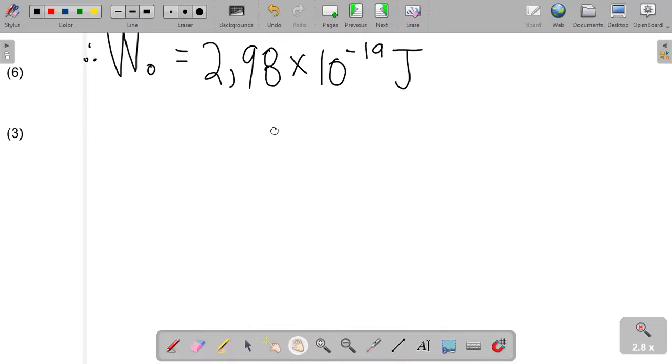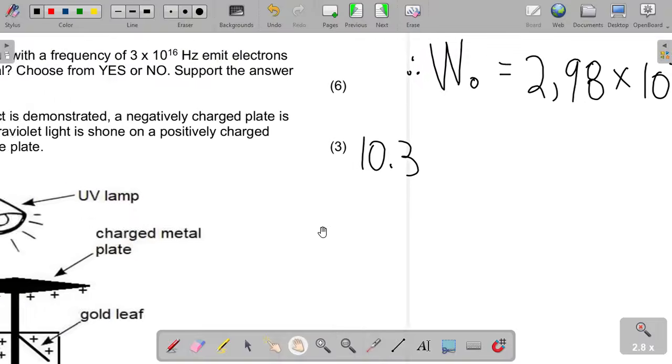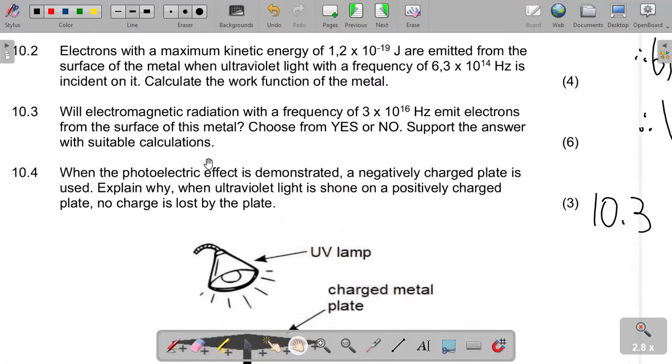Then for 10.3, what do they want? They say, will electromagnetic radiation with a frequency of 3 multiplied by 10 to the 16 emit electrons from the surface of this metal?